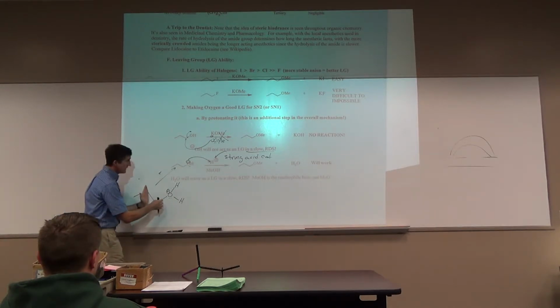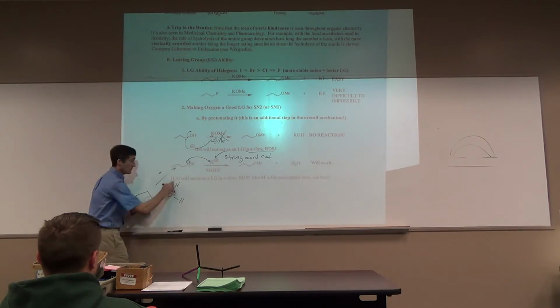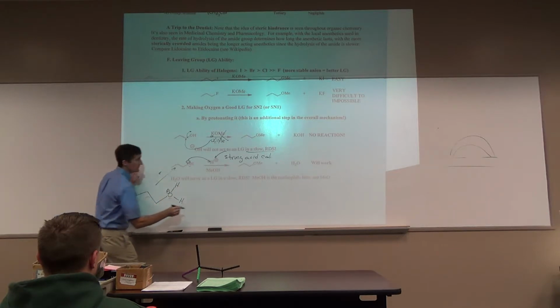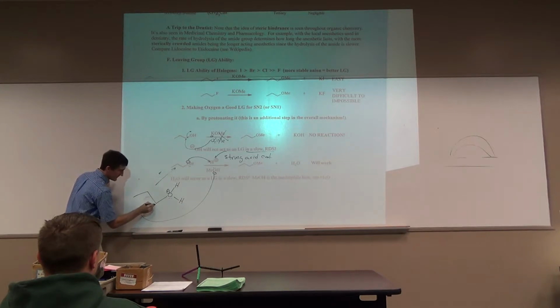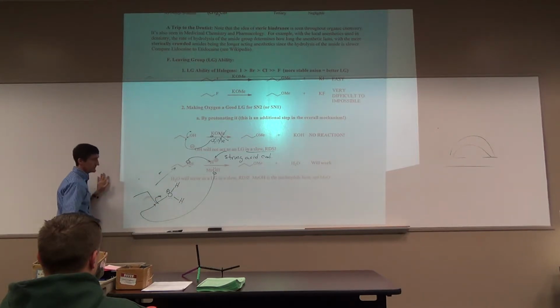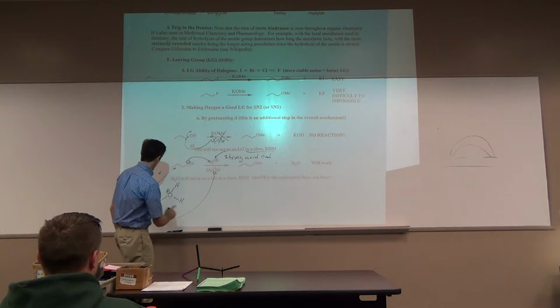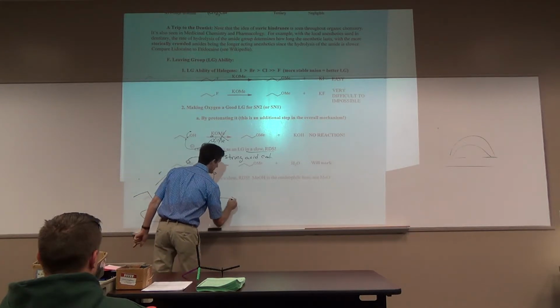Now, if that thing connected to here is the leaving group, what does this look like when it leaves? Water. It's going to be H2O. Now a nucleophile, such as this, can come in here and kick that off. What does this give? Well, it doesn't give that directly.